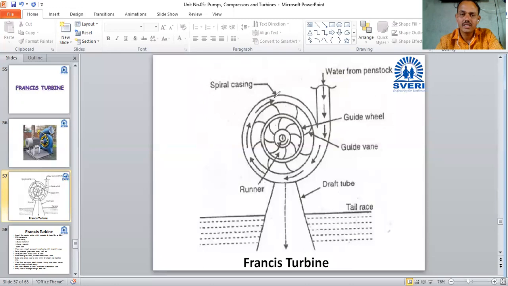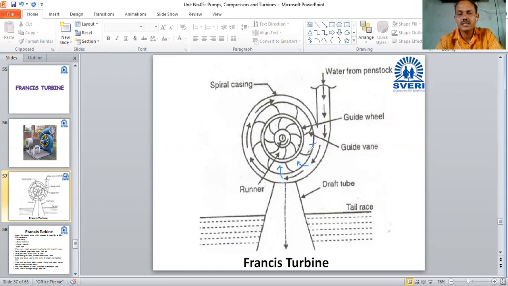If you observe, the area of the scroll casing goes on decreasing, and at the inner side of that casing, openings are provided. It means water can flow towards the runner through those vanes.